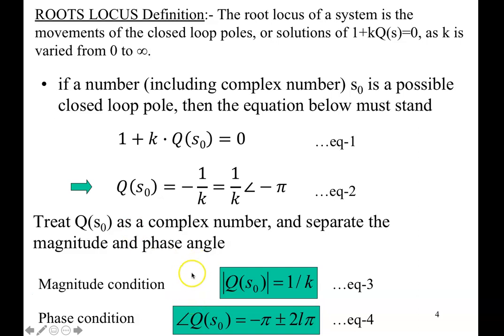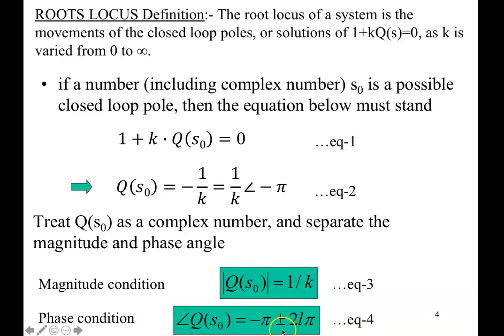That is one of them, known as the magnitude condition. The other one is known as the phase condition. So the magnitude needs to be 1 over k. Whatever k value, you must be able to find the value here. The other one is the phase angle of Q(s), the open loop. Substitute your point into Q, then this angle should be minus pi.